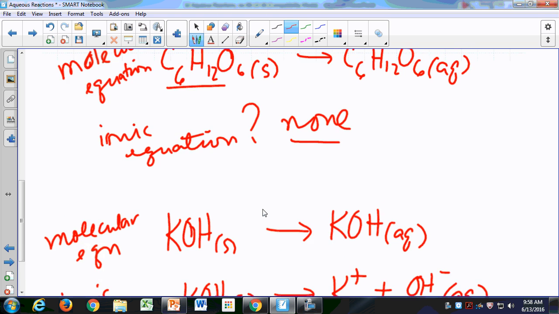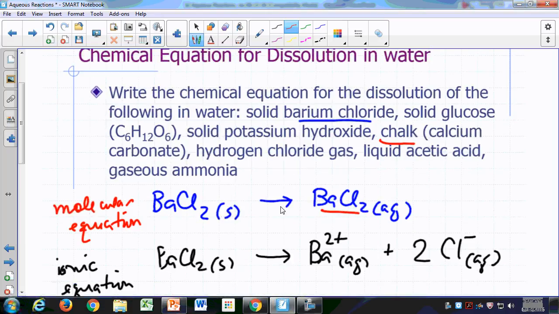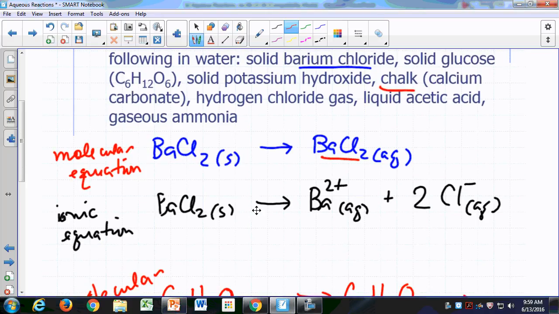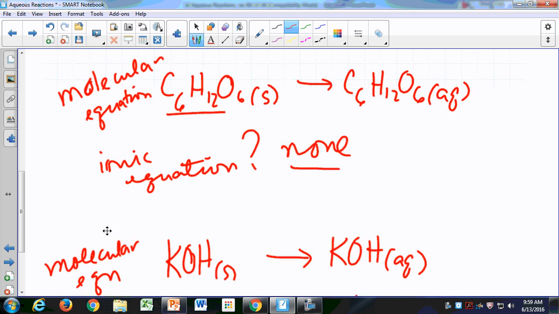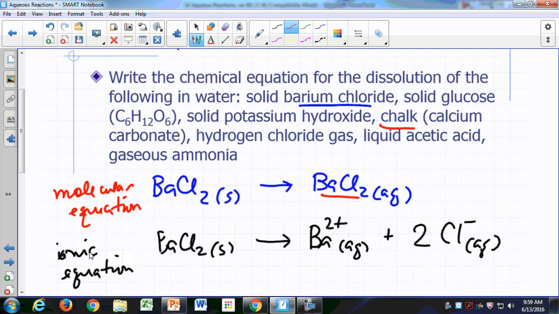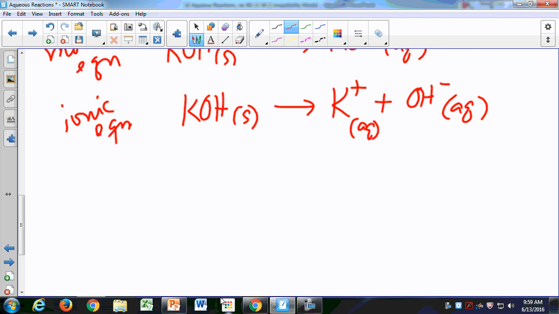Right? Next, let's look at the other example here. Chalk, calcium carbonate. Have you experienced trying to dissolve chalk in water? If you have, you've probably seen that it would not dissolve in water. When we say it's insoluble, what we actually mean is just a very small amount of it would dissolve. So calcium carbonate is insoluble in water.